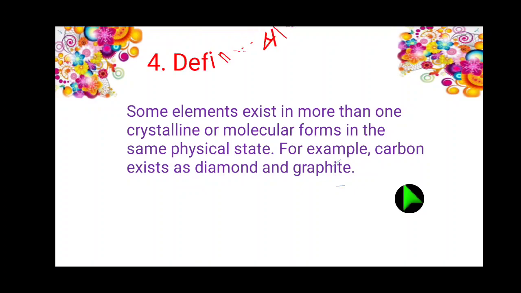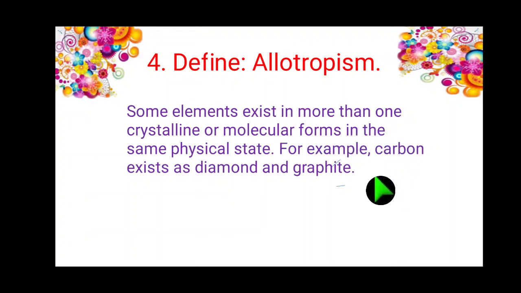Question number 4. Define allotropism. Allotropism means some elements in p block exist in more than one crystalline or molecular form in the same physical state.